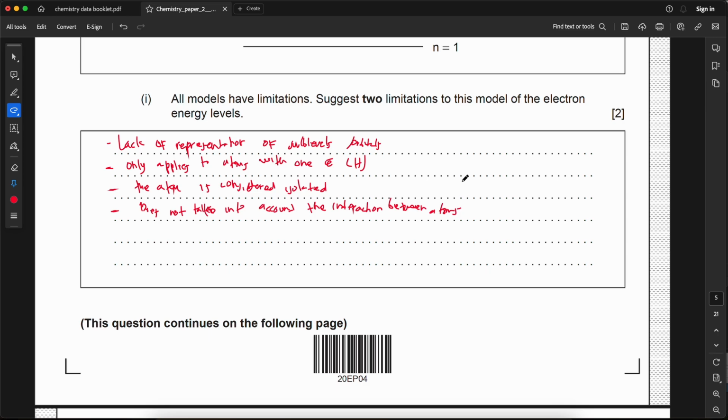In reality, atoms are constantly influenced by their surroundings, such as neighboring atoms and electromagnetic fields. For example, transition metals have a different color when bonded to a different ligand, so there is definitely an effect from their neighboring atoms. So this model doesn't show any interaction between atoms. So you can choose 2 from these 4.